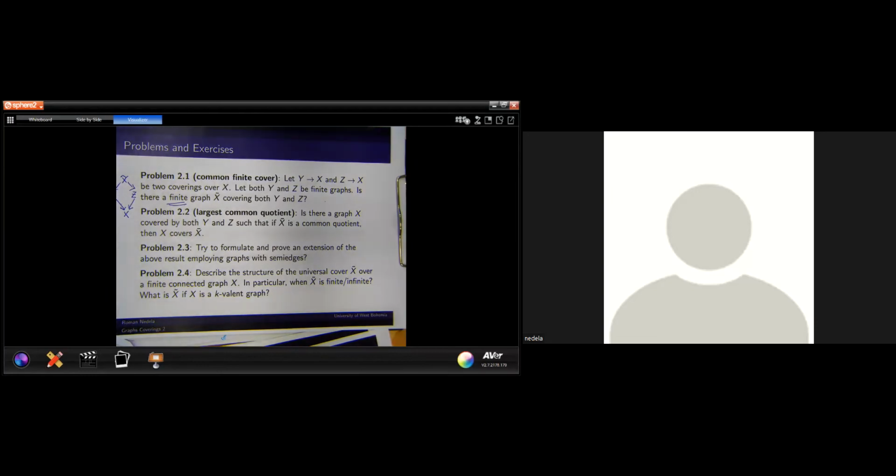Well, how to approach such a problem? Think about correspondence theorem. What does it mean in terms of subgroups? Similar dual question.